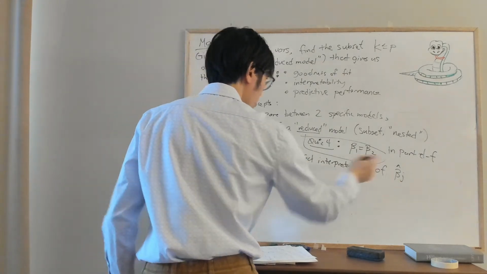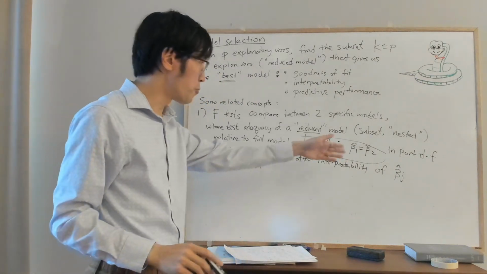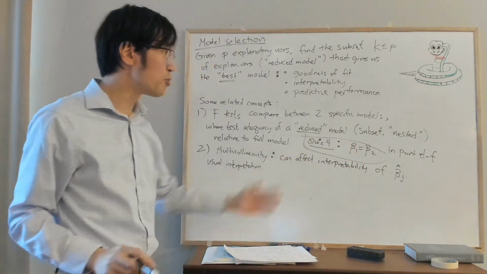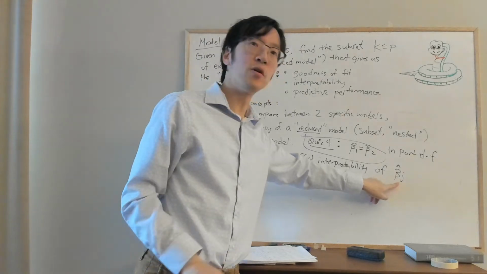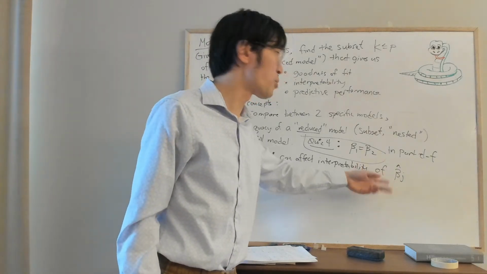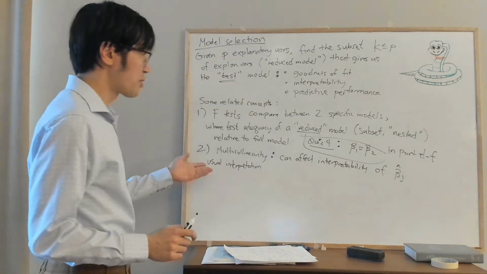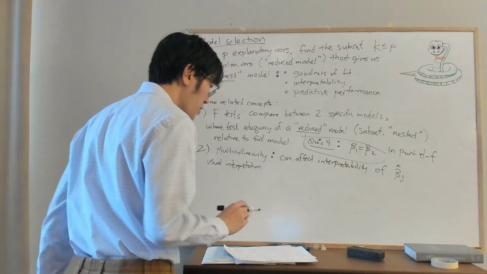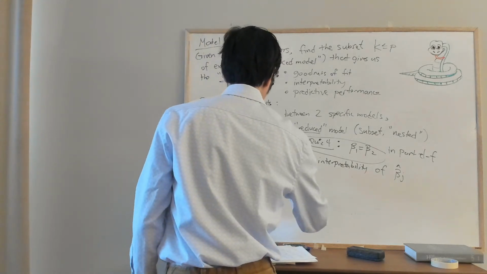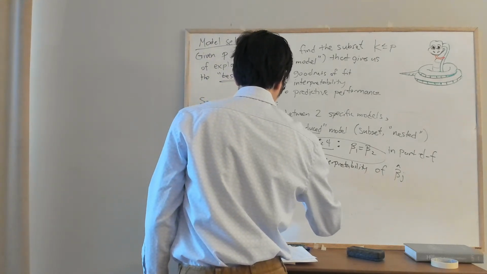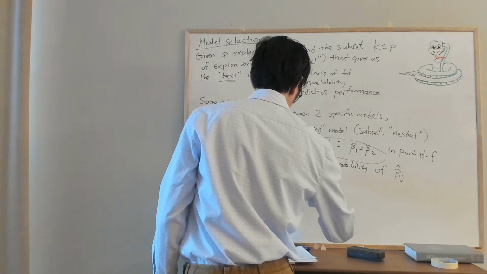We say we change one of the predictors by a unit, and then this estimated coefficient beta hat j tells us how much the response changes on average. But that might not make much sense if the x's are very correlated, because the usual interpretation means we have to hold other variables constant.